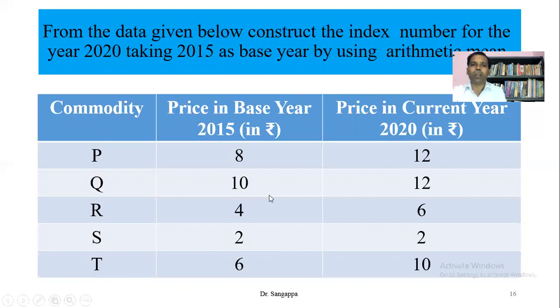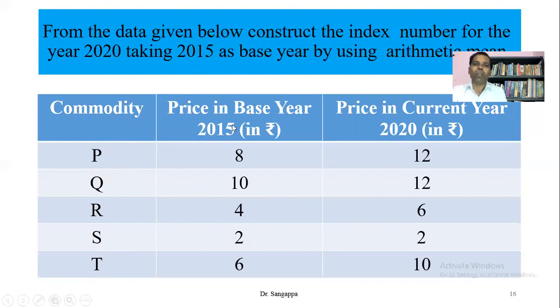So the data are like this. Here there are 5 commodities P, Q, R, S, T. The first column shows the commodities we consider in this problem.